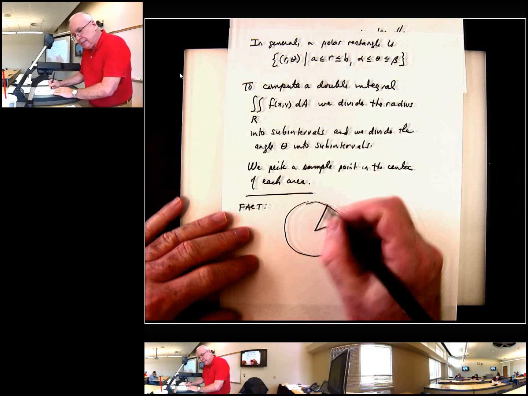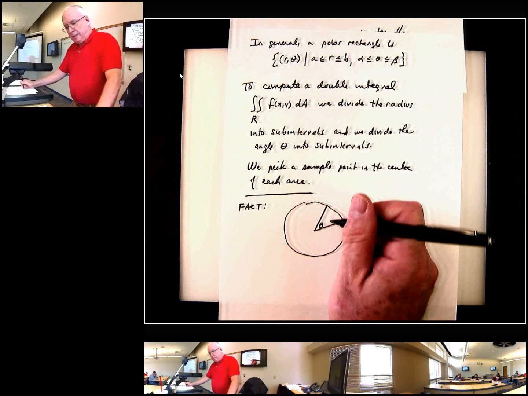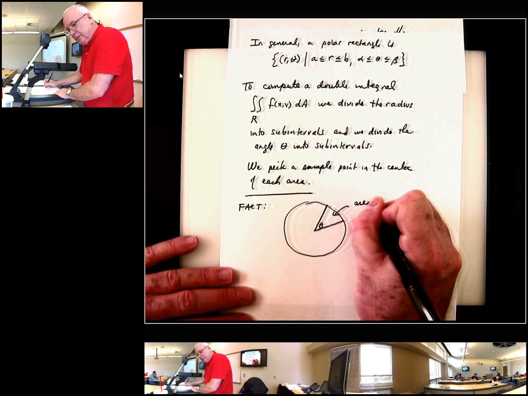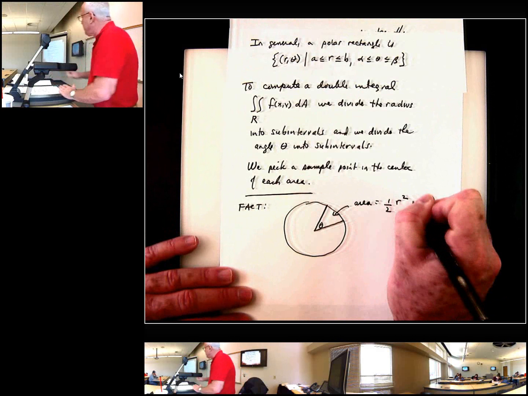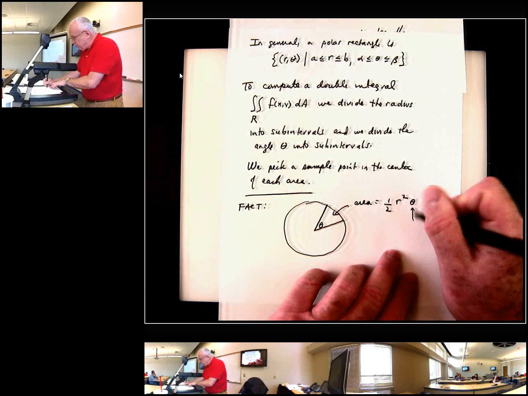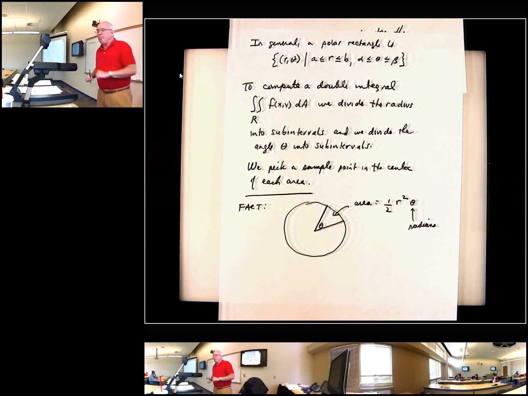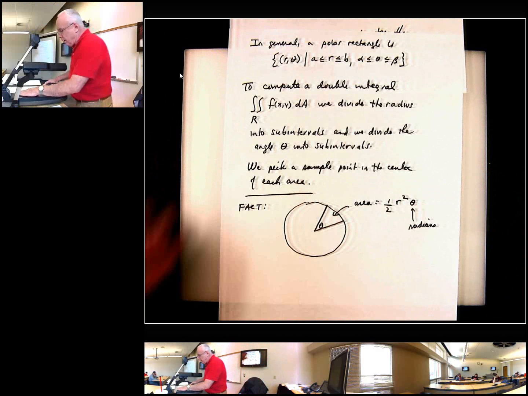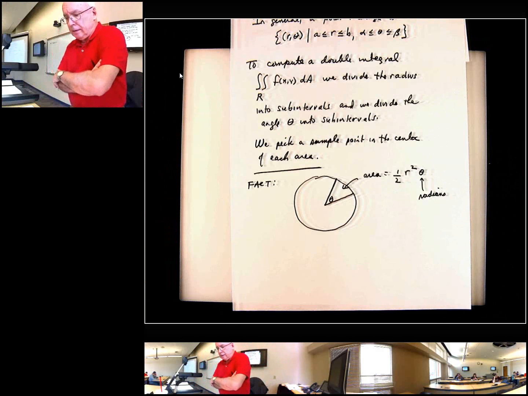And let's say that this angle is theta. The area of what looks like that piece of pie there is equal to 1/2 r squared times that angle theta. And of course, we're talking about the angle being measured in radians. So there's that fact about the area of a circle that's cut out by an angle theta.